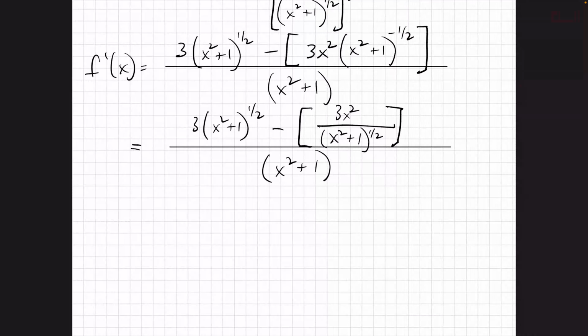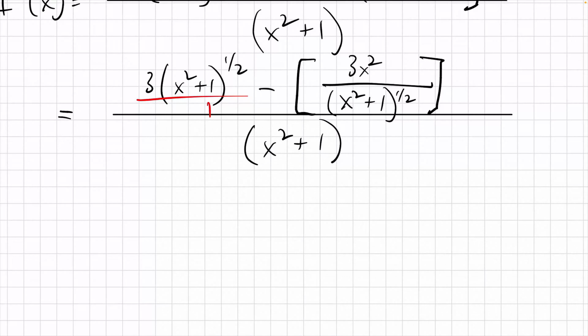Okay, so to match their answer and to get rid of a fraction over a fraction, because you should never leave a fraction over a fraction, I need a common denominator. Right now, the denominator is 1 here. I have one denominator as 1, and I have one as x squared plus 1 to the 1/2.